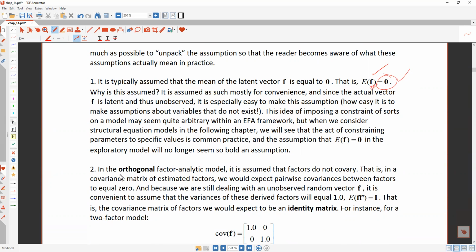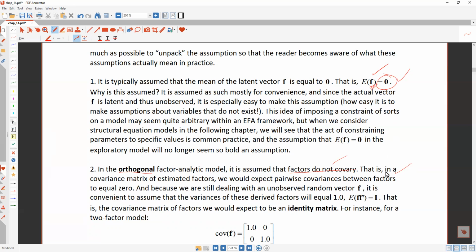I do want to talk a little about the fact that it's an orthogonal factor analytic model that we're developing. When we say it's orthogonal, we say that the factors do not covary. Orthogonal and a lack of correlation do not mean the same thing, but in this case, they do. It implies that the factors do not covary, so if you have one factor, it's not related to the other, and that's set by the procedure.